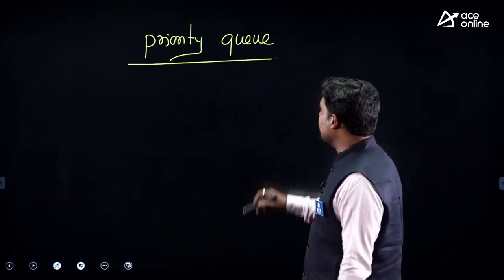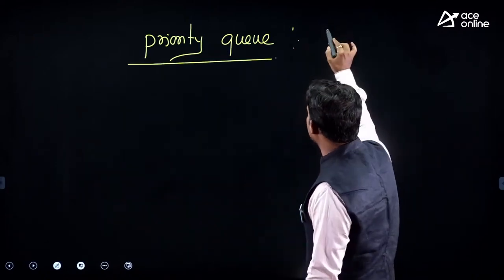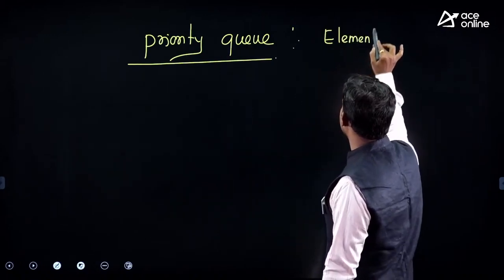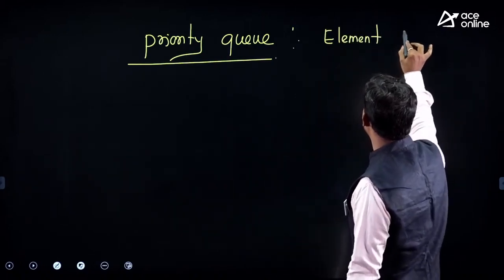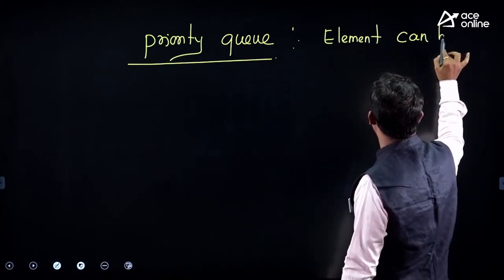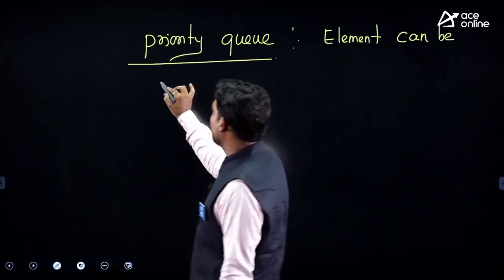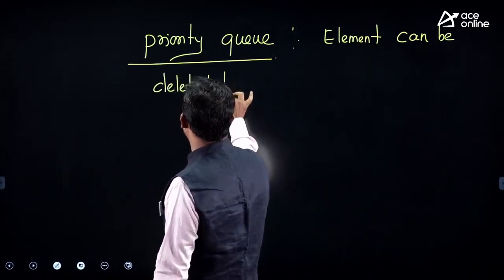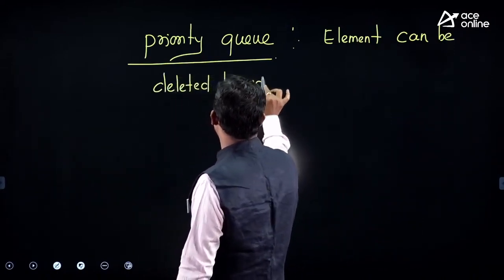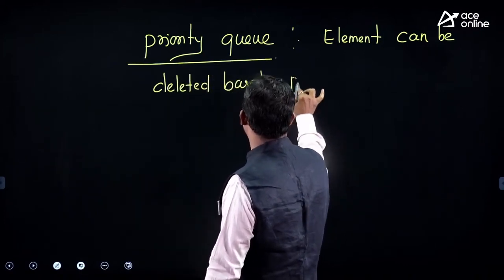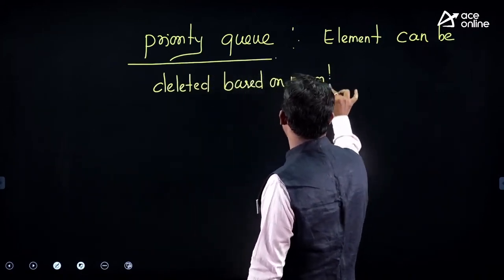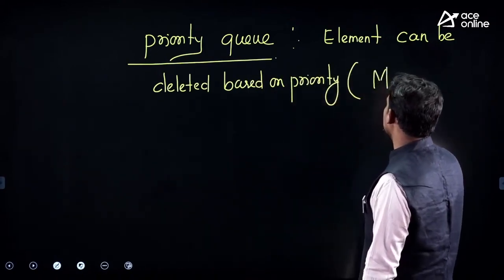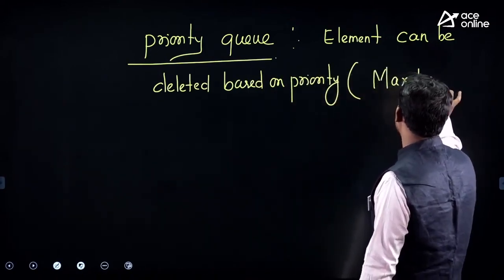In a priority queue, an element can be deleted based on the priority. And how is it implemented? With max heap and min heap. That is also a queue that you need to remember.